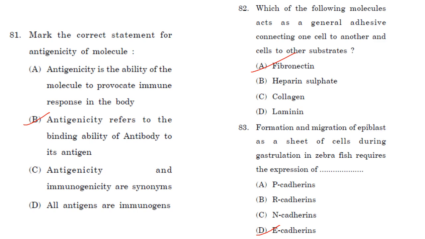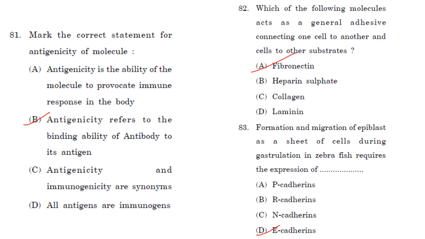Mark the correct statement for antigenicity of molecule. Antigenicity is the ability of a molecule to provoke immune response in the body. It is not antigenicity, it is immunogenicity, that is the ability of a molecule to provoke immune response in the body. And antigenicity refers to the binding ability of antibody to its antigen.